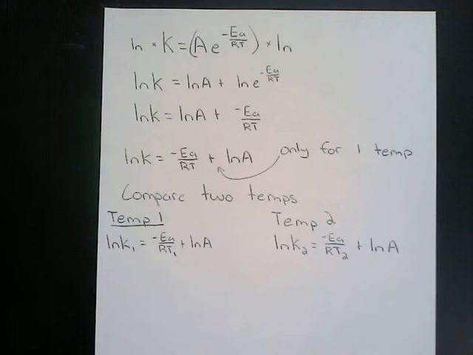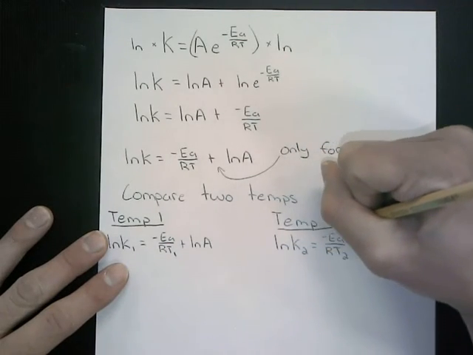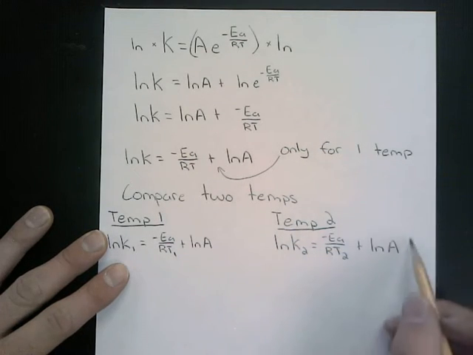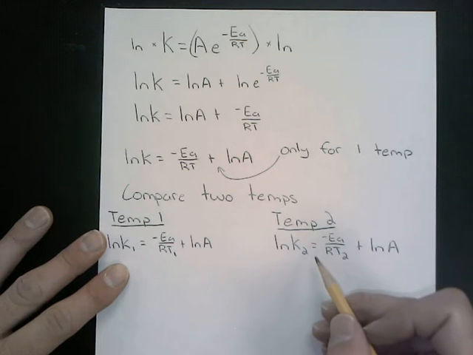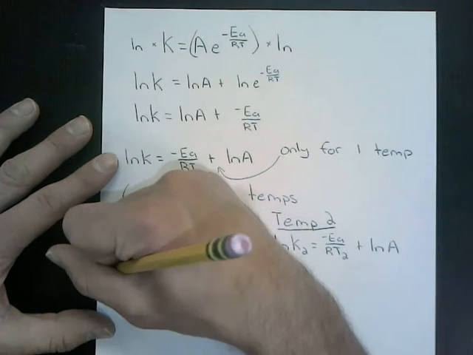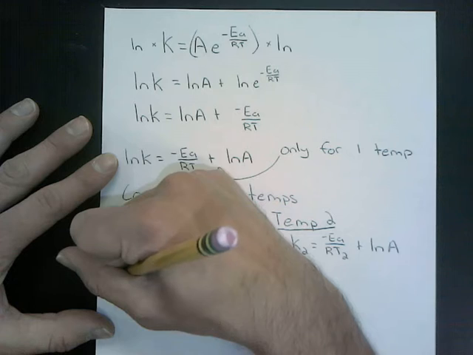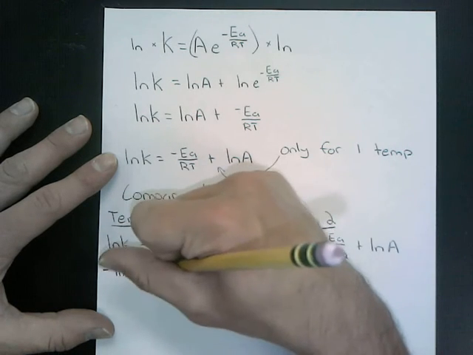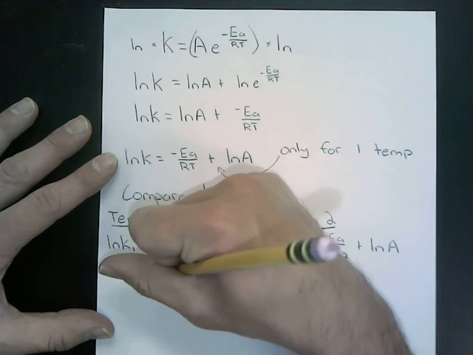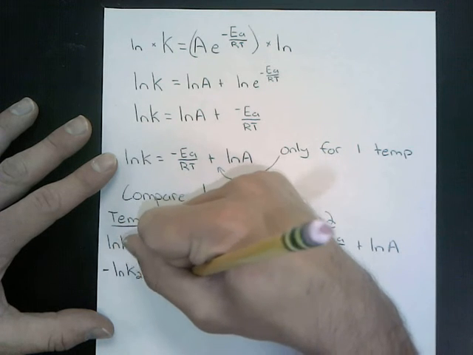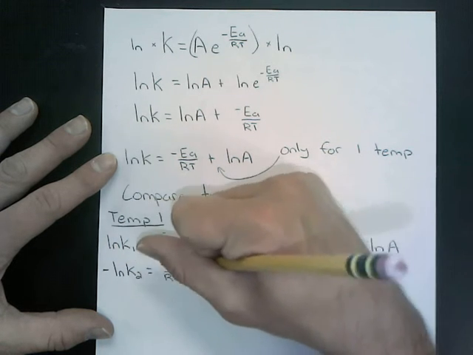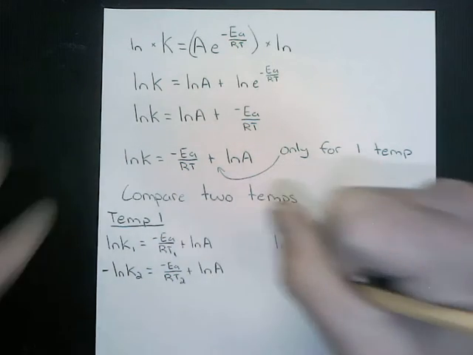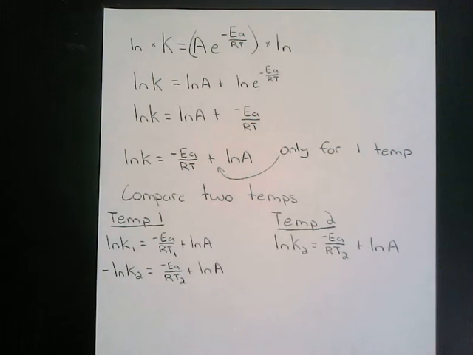So now what we're going to do is this. To be able to compare this, we're going to subtract the stuff from temp 2 from temp 1. So to help us out here, we're going to subtract natural log of k2 equals the negative activation energy over R times temperature 2 plus the natural log of A. So what happens when we subtract this is as follows.